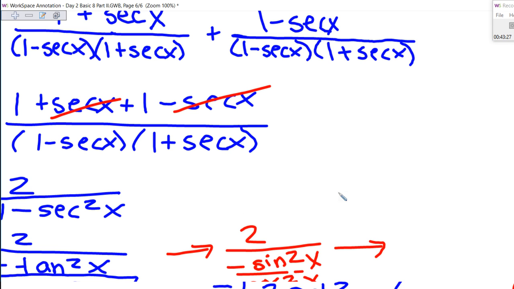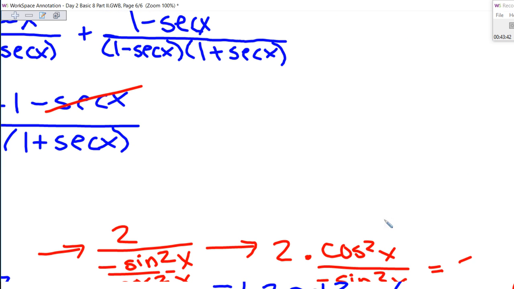And when you divide by a fraction, you would multiply by the reciprocal, which would be cosine squared of x over negative sine squared of x, which would give us 2 times negative cotangent squared of x, which would give us negative 2 cotangent squared of x. So if you notice, if you have a constant in the numerator and then you have one of the trig functions in the denominator, you have a reciprocal function, and it would have saved you a bunch of work. Okay, that's all.